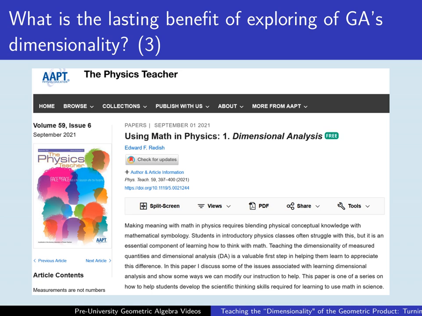So anyway, that's why teaching the dimensionality of the geometric product could be of lasting benefit to all students. Dimensionality in general is important if we can present it in the context of the geometric product. We're killing two birds with one stone and making a virtue out of a necessity.